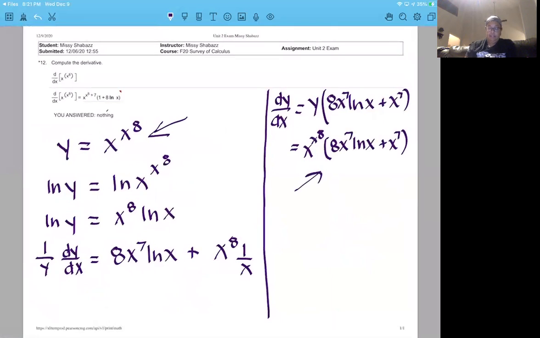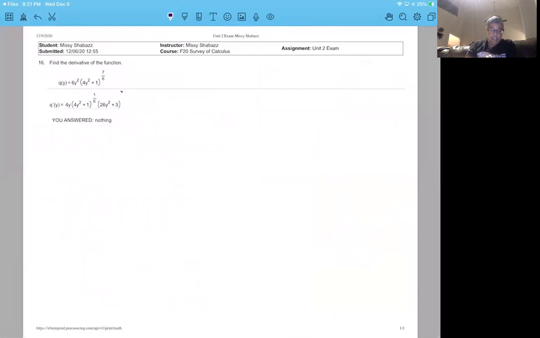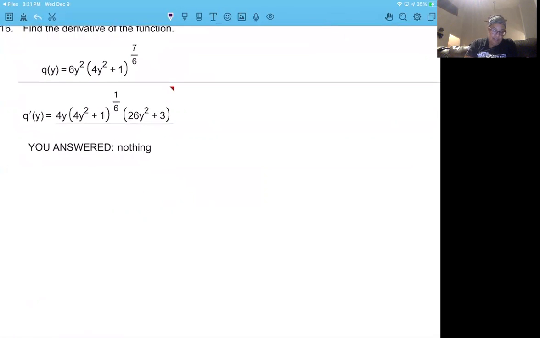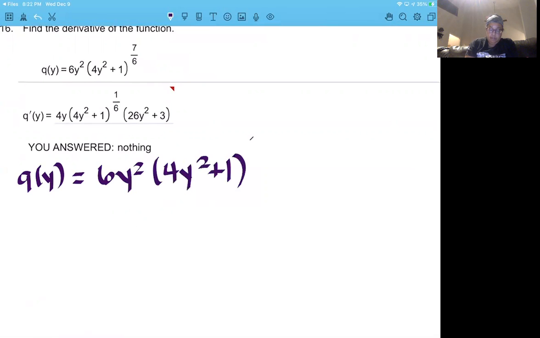All right, next question. This one is find the derivative of the function. And I'm again going to use the product rule because I have a function times a function. I'm going to rewrite this function here. Q of y equals 6y squared times 4y squared plus 1 to the 7/6.